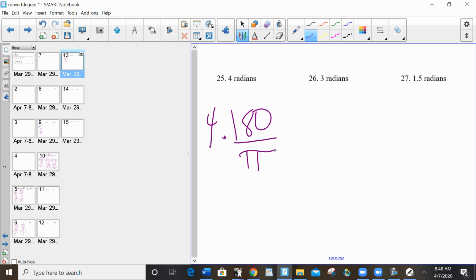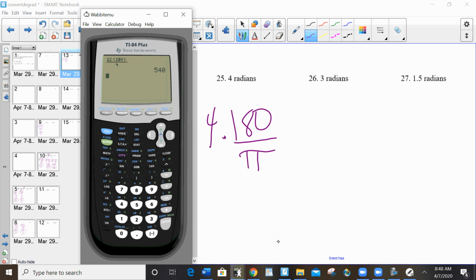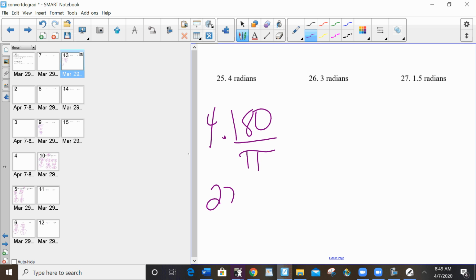So I'm going to do, in my calculator, 4 times 180 over pi. And to the nearest tenth, that would be 229.2. So if there's no pi, I'm still doing the same procedure. I'm still multiplying by 180 over pi. I'm just going to end up with a decimal.